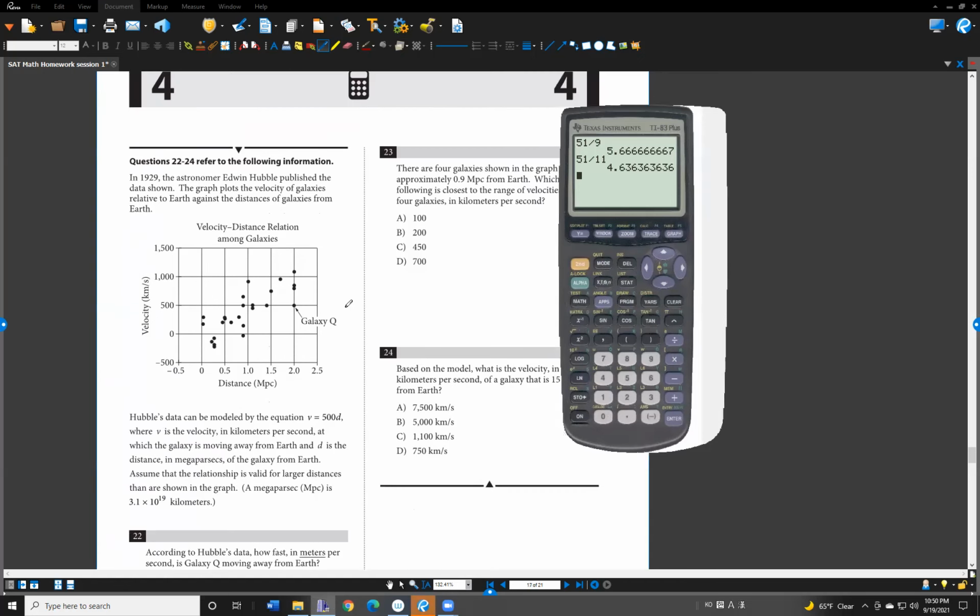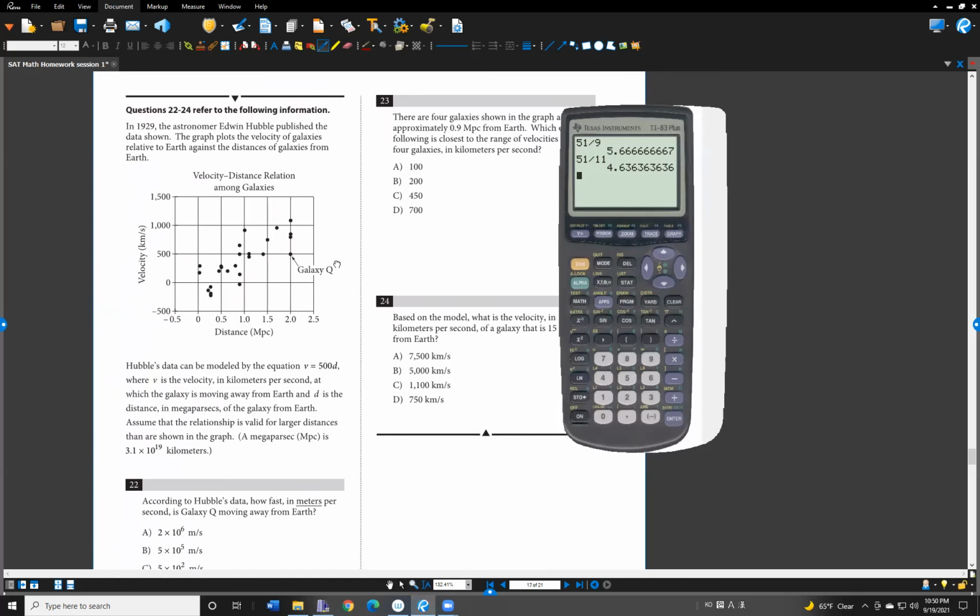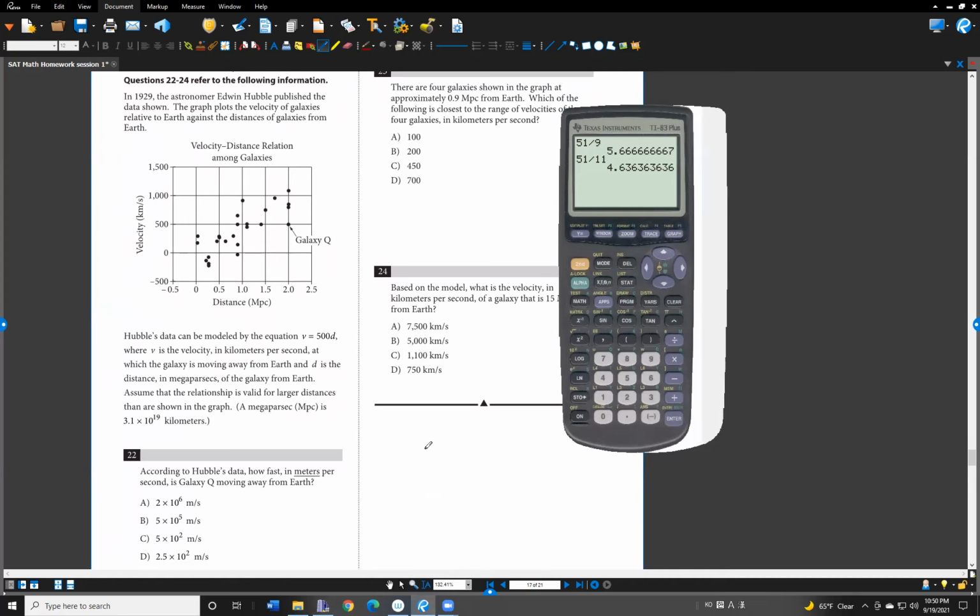All right, number 22 over here. Wow, what is this? Okay, we have a galaxy distance from, I think, the Earth. And this is the velocity of the galaxies over there. So velocity is given. I think that is correct.